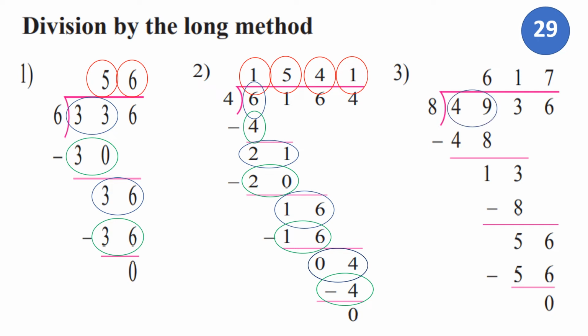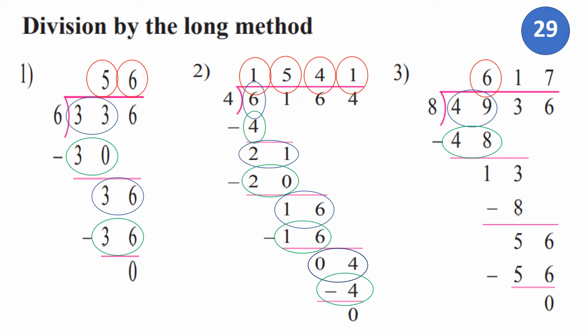Now 49 divided by 8 can. The answer is 6 only. 6 times 8 is 48. 49 minus 48 is 1.